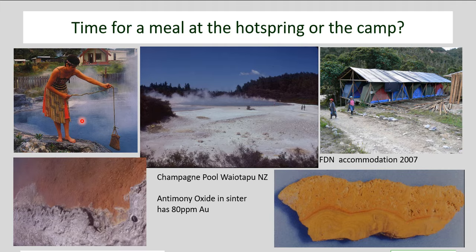In New Zealand, the Maori people use the hot springs for cooking their food, and then on the right there's a picture of the FDN accommodation part of the camp when I was there in 2007. The tents under the tin roof. The office was also made out of timber with black plastic sheeting on the outside.